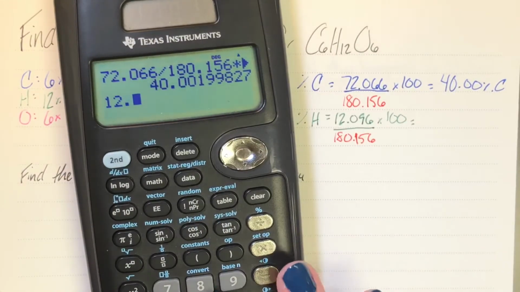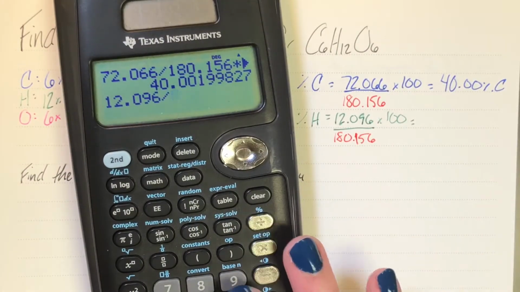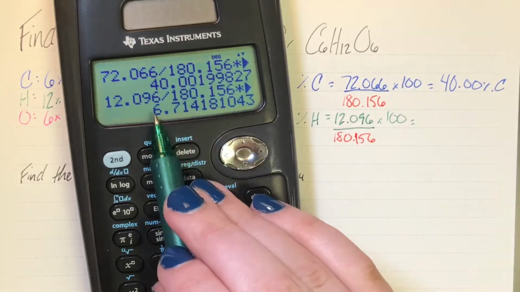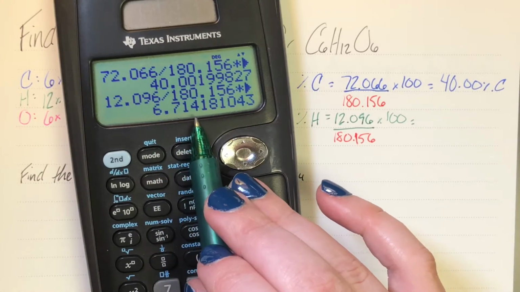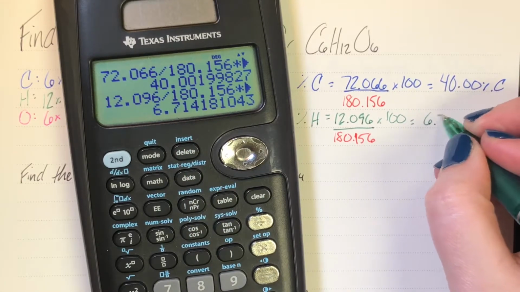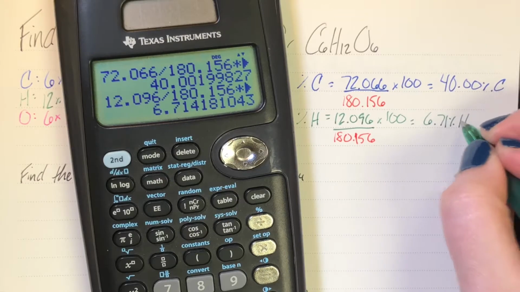So 12.096 divided by 180.156 times 100. I'm going to be rounding to that second decimal place again. 4 does not make me round up, so I will leave this at 6.71%, and then I'm just going to be careful and label it hydrogen.